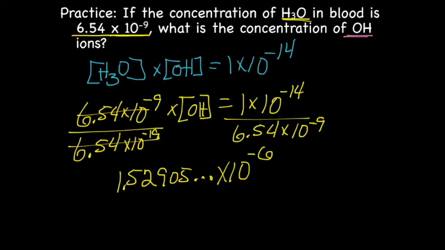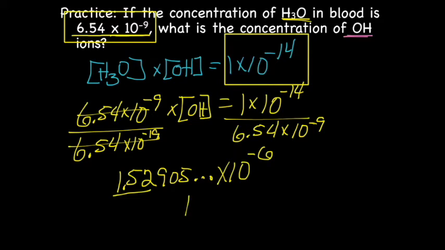Right, and if we go back and try to figure out our sig figs, because this is a constant, it's always true, we'll ignore that number. We'll just look at our given here, and that has 3 sig figs, so we'll keep these 3. So our final answer will be 1.53 times 10 to the negative 6th. Not too bad.